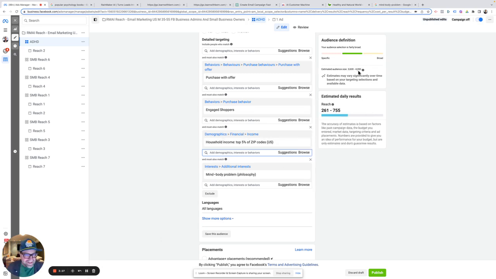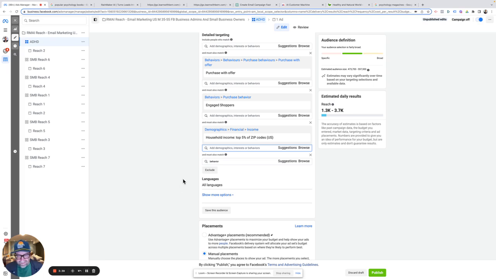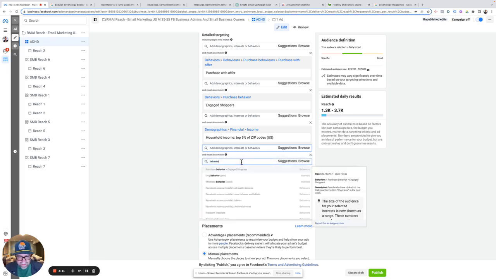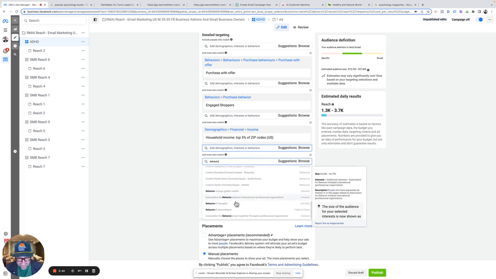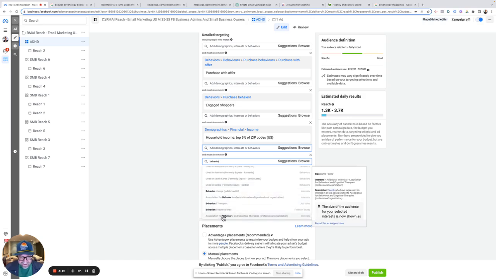Here's another one, a very small audience: people who are interested in mind body problem. I Googled that, and it's a philosophy, so this is going for the ADHD type of thing. I also typed in behavior, and we would have to take away these other things here, but there is the Association for Behavioral and Cognitive Therapies as a professional organization.